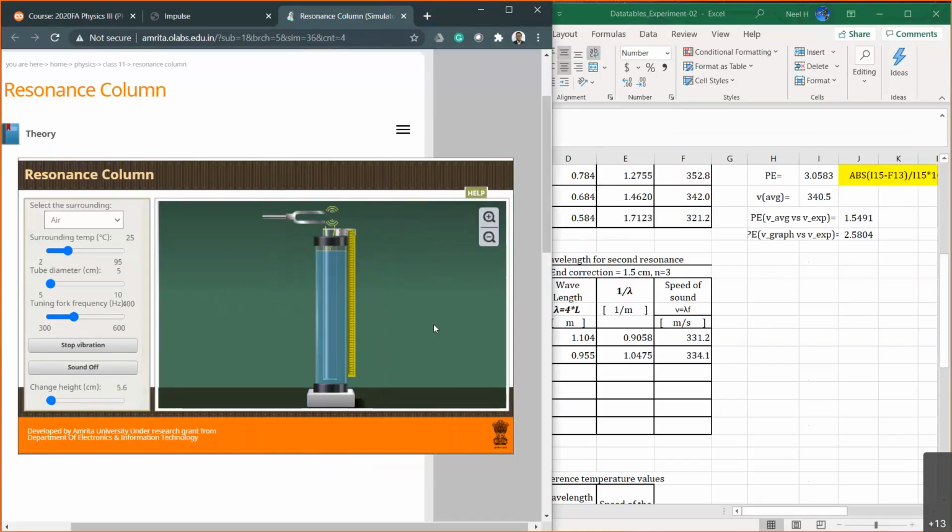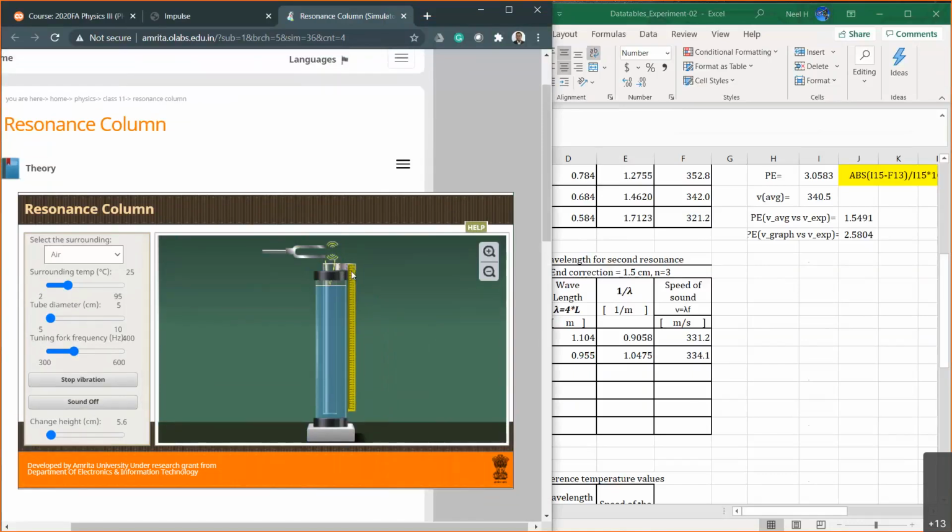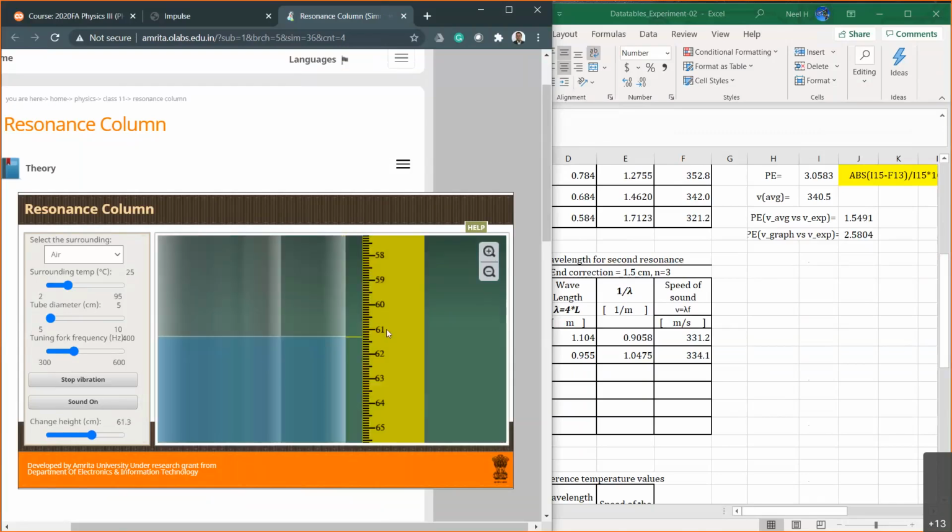Click the sound on and then slowly increase. That was the first resonance. Continue increasing the length. That's the second. When you reach the second, then we'll measure it. 61.3.